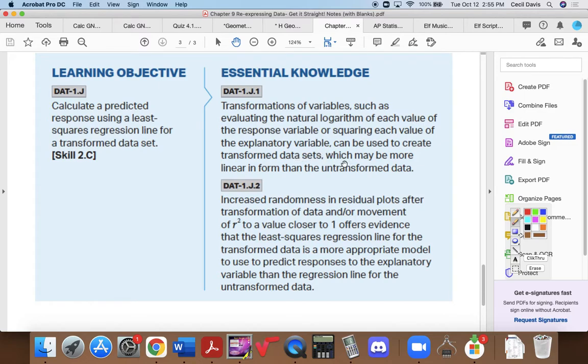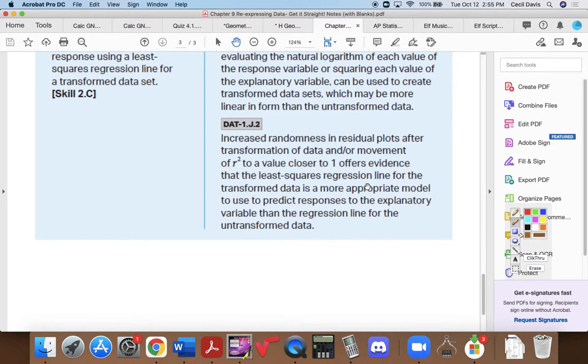They also expect you to know that once you have transformed data, hopefully it's more linear. Such as logarithm or squaring each value of the explanatory variable. What is evidence that it's better? This is something you need to know.